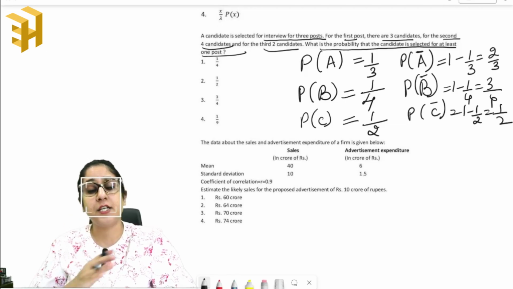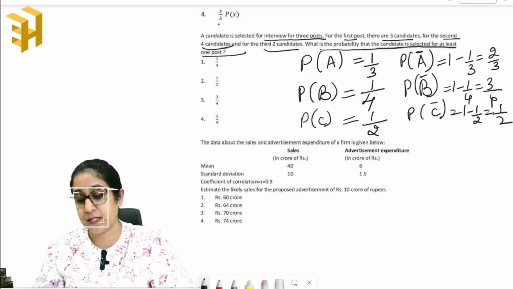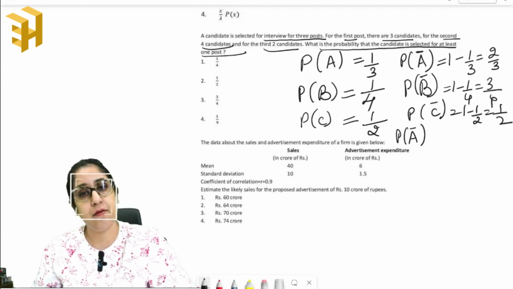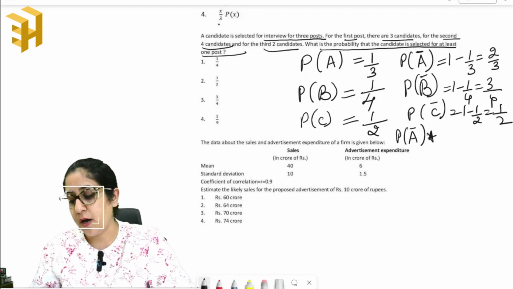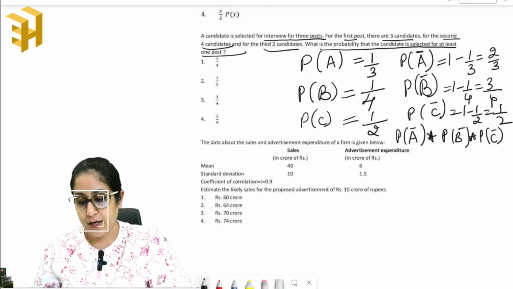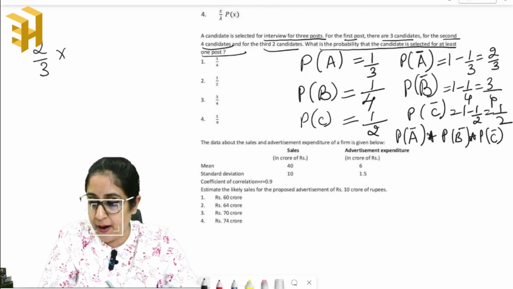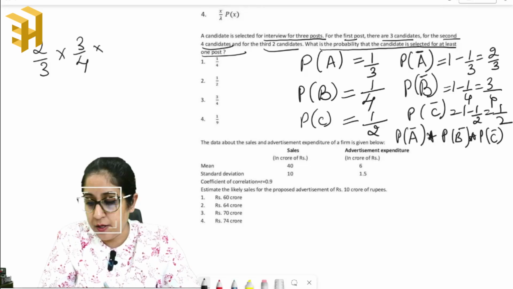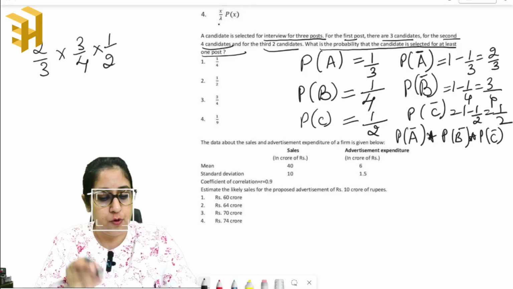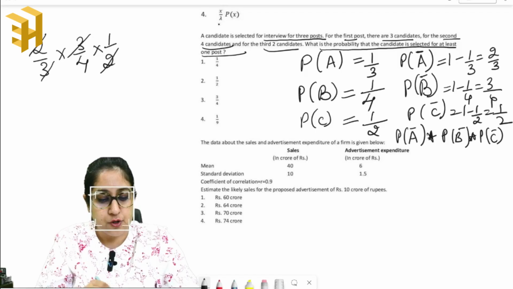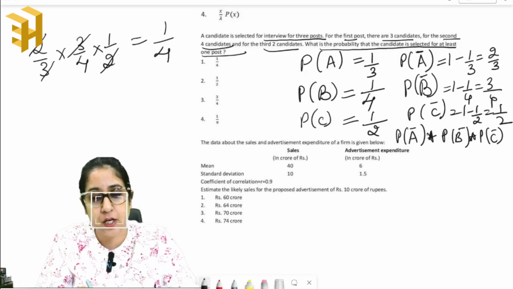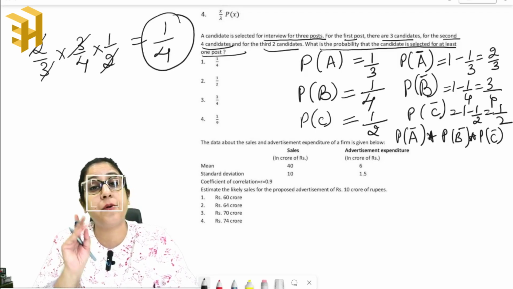So probability of not being selected in any of the posts will be P(A') multiplied by P(B') multiplied by P(C'), right? So it is 2 by 3 into 3 by 4 into 1 by 2. Cancelling it out, we get probability of not being selected in any of the posts is 1 by 4.